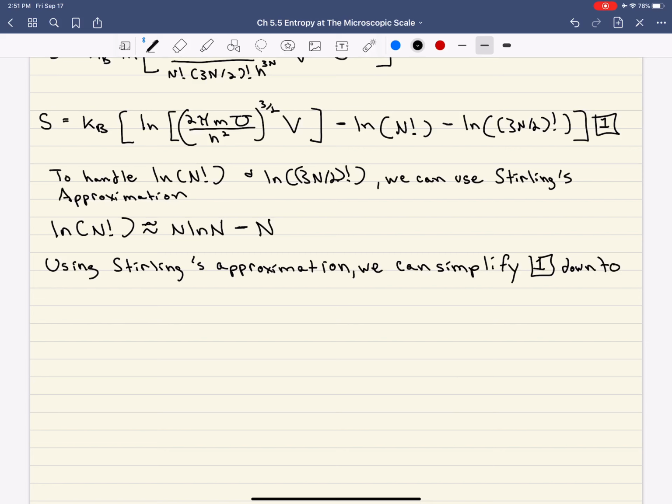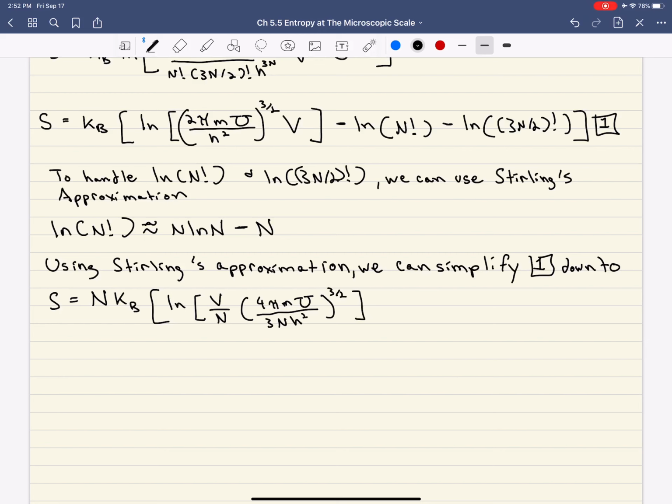Equation 1 simplifies down to this form. S is equal to n k_B, so we pulled out the n entirely. Then inside the bracket, we have V over n times 4 pi m U over 3n h squared, to the 3 halves.